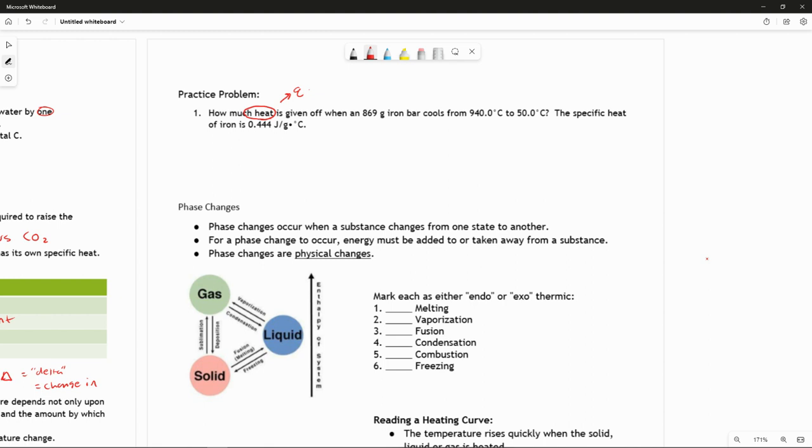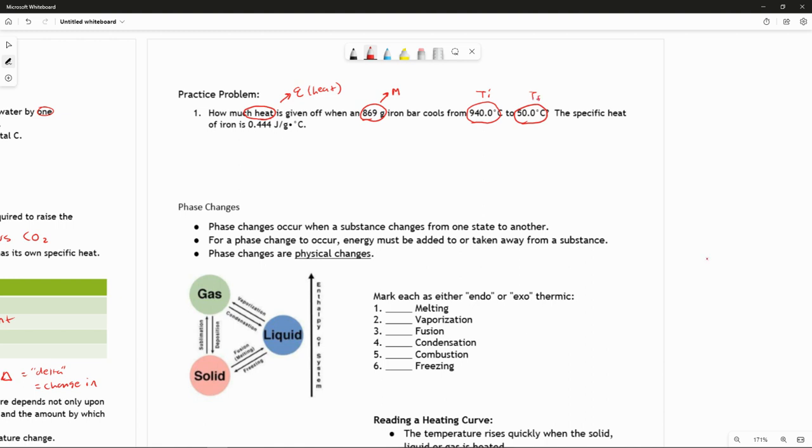Q is heat. Heat is given off when 869 grams of an iron bar, that's the mass, cools from 940 degrees Celsius to 50 degrees Celsius. You want to be really careful here and determine which one is the temperature final and which is the temperature initial. You're going from 940 to 50, so 940 is the temperature initial and 50 is the temperature final.